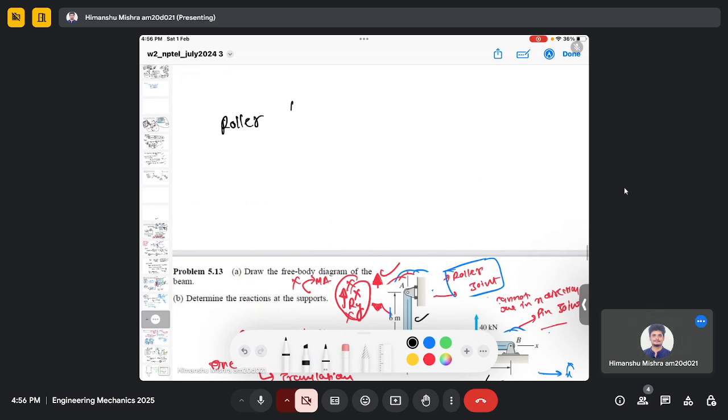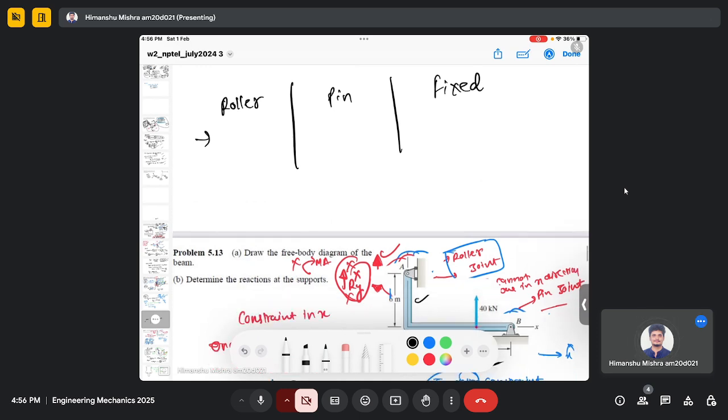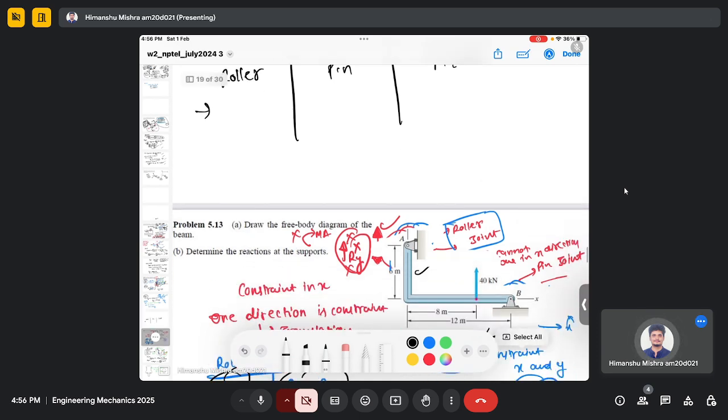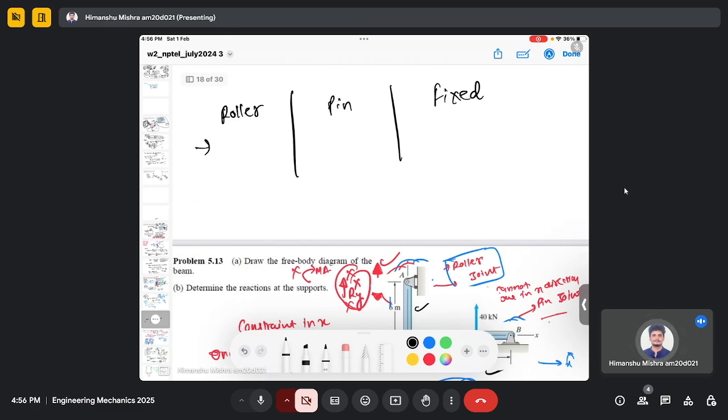roller, pin, and fixed. In a roller joint, the body can move in only one direction and it is constrained in the other direction.